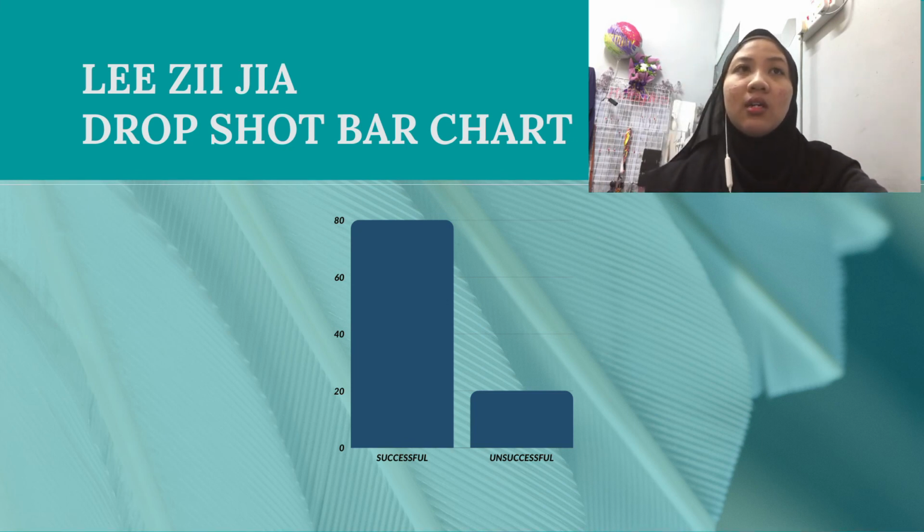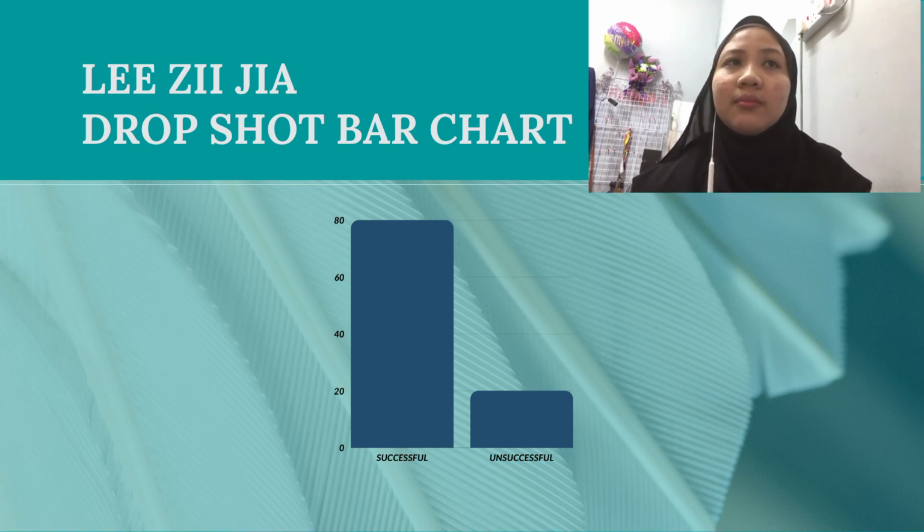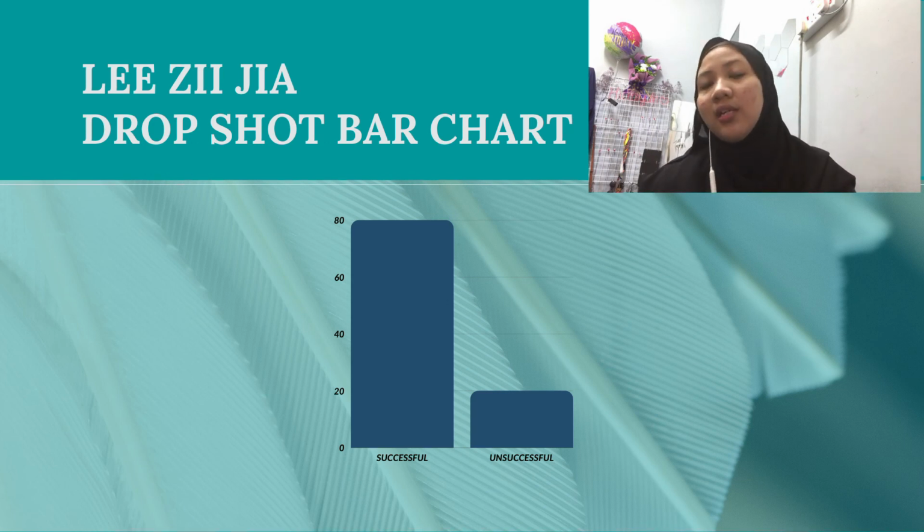Based on the mesh, it shows that YAHYA has two targeted areas for the drop shot, the first area being the left side of the opponent, and the other one the right side of the opponent.